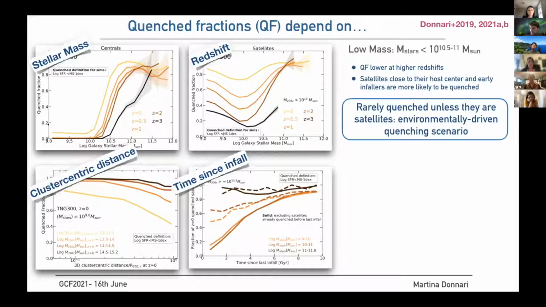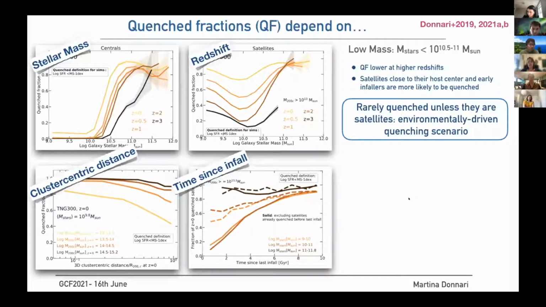And we can actually see that for low mass central galaxies, which are not satellites, they are rarely quenched. And this is in line with the environmental driven quenching scenario. Overall, we can see that the quench fraction is lower at higher redshift. And satellites close to the center here and early infallers here are more likely to be quenched.